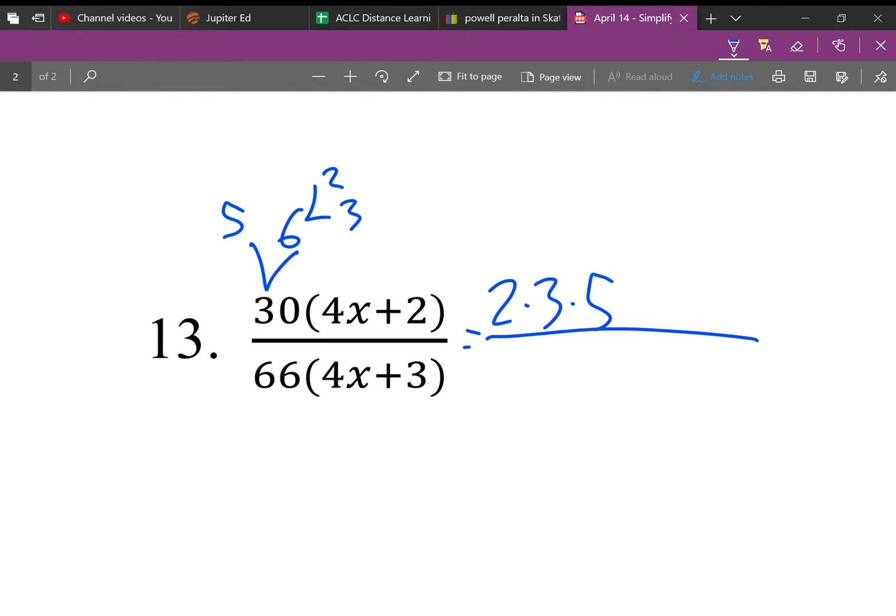I can also break this down though, the 4x, which is going to be, let me give myself a little bit more room here. The 4x becomes 4 times x, and then that 4 becomes 2 times 2. 2 obviously doesn't break down at all. So when I factor 4x plus 2, I see that they have a 2 in common, and that's it.